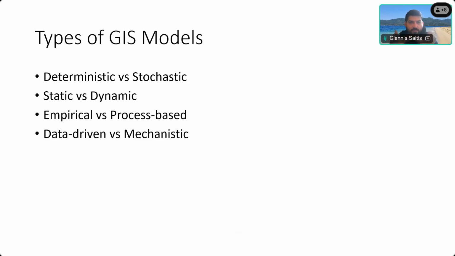It's like photographing a specific condition. I think that you have seen these kinds of models also, or you may have heard about them. Static models, not changing in time.